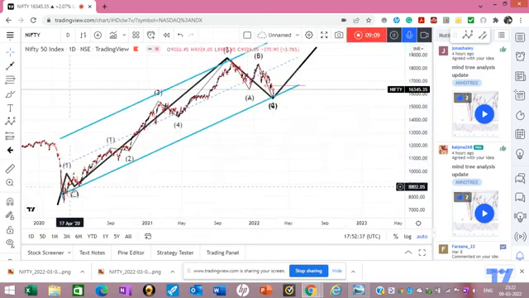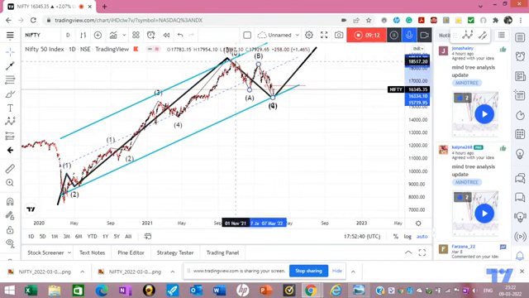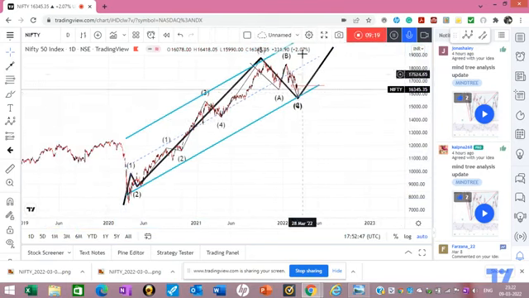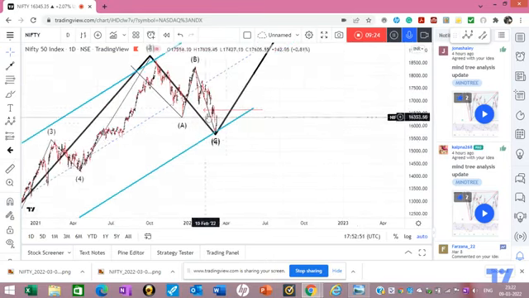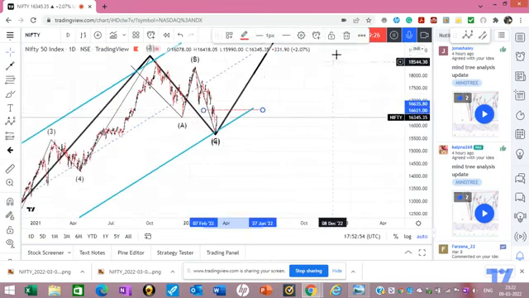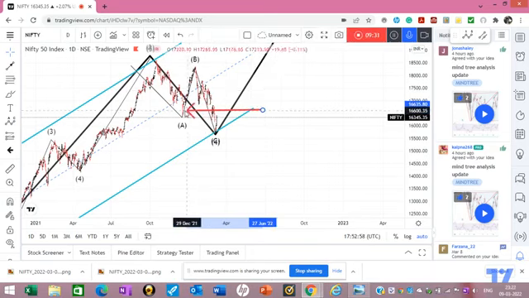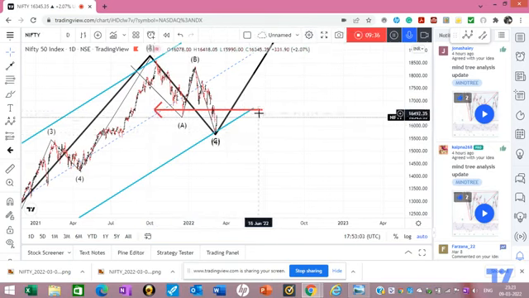This is connecting 2, 4, and 3. So if we have a move up, and if this line is breached, then we can easily say that the upward trend has started. 16,646, 600, 631 should be breached.